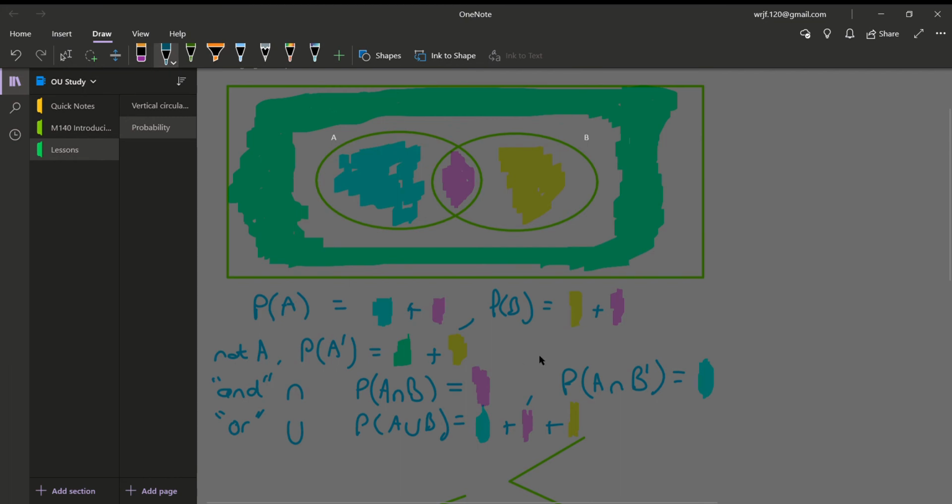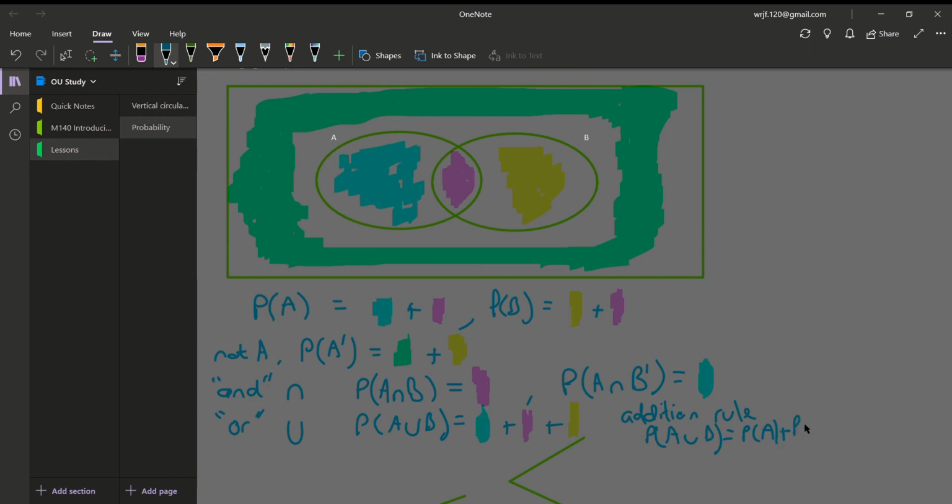And you may remember from last year, I hope you remember from last year, something called the addition formula, or the addition rule, sometimes called the addition law as well, which gives us a formula way of working out A union B. So you might be familiar with this formula, which goes probability of A union B is equal to probability of A plus the probability of B. Oops, sorry, I forgot to close the bracket.